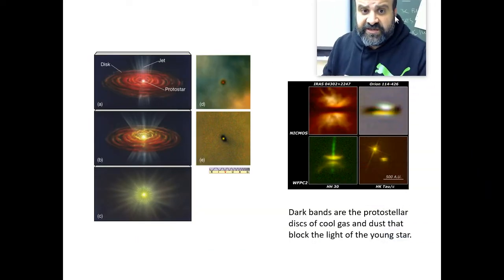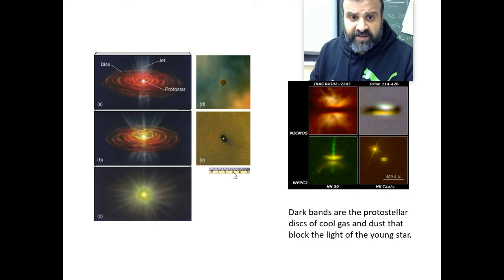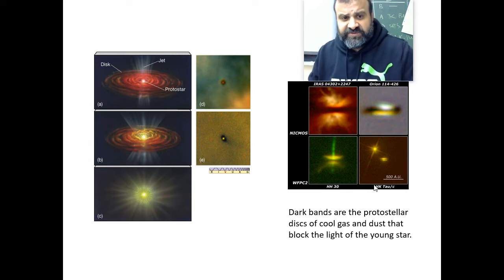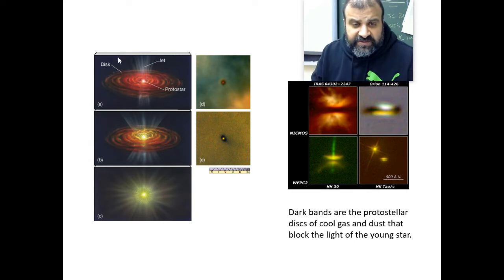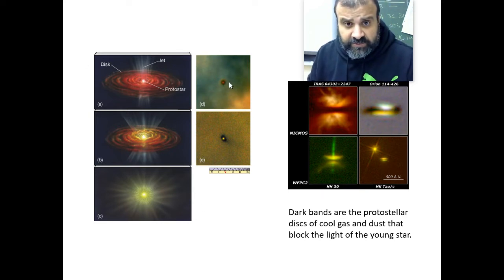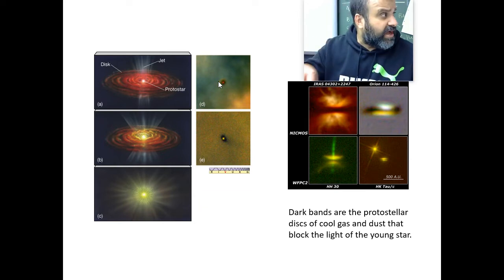So these images here, right, this is in the visible spectrum, this image. These images here I don't think are in the visible spectrum. So these parts here are artist renditions of what a protostar would look like, proto being early. And you see its gas cloud. Not just gas cloud, it's protostellar disk. This is what we're seeing here. This is looking top down.